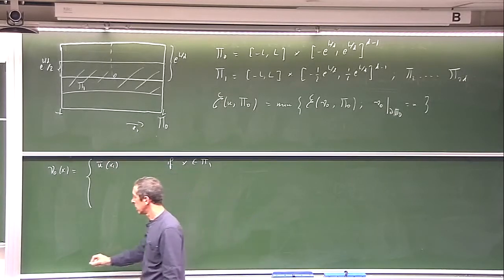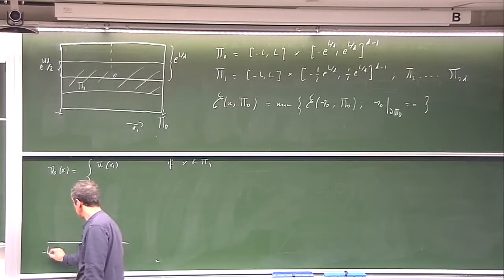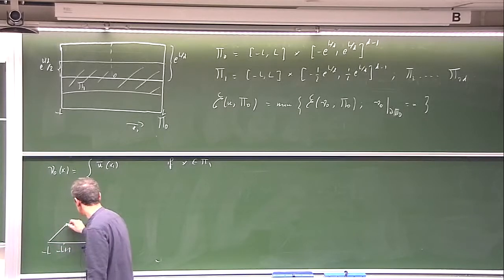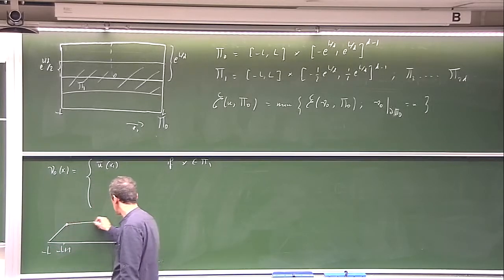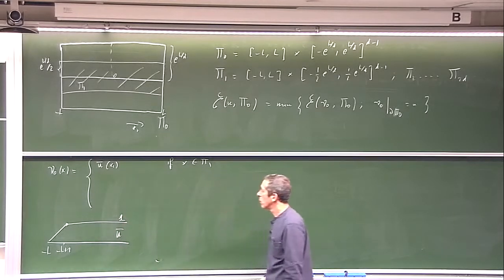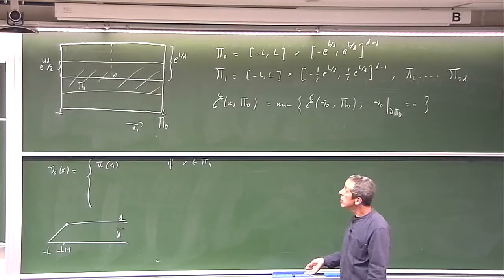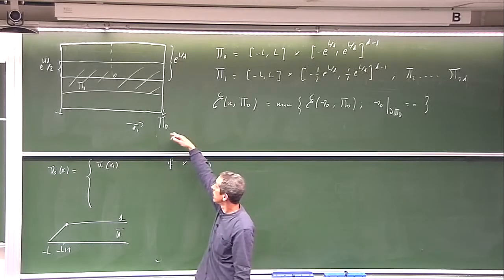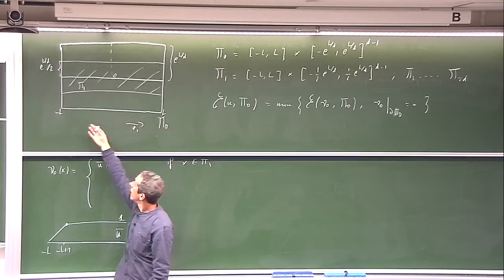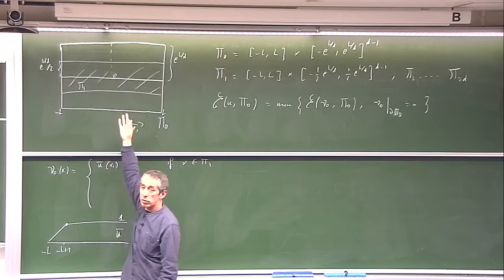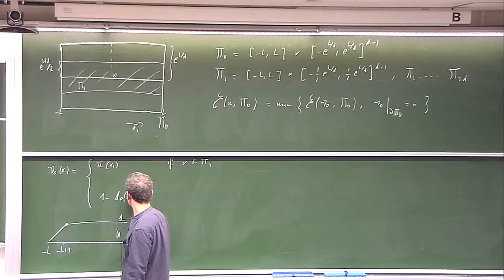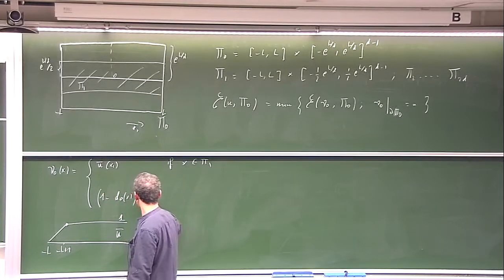So u bar is that function that between minus L and minus L plus 1 increases with slope 1, and then it's constant equal to 1. This is u bar. Okay? In between pi 1 and pi 0, we should do something in such a way that we meet the right boundary condition here and also up there. So we do some interpolation between u and u bar.